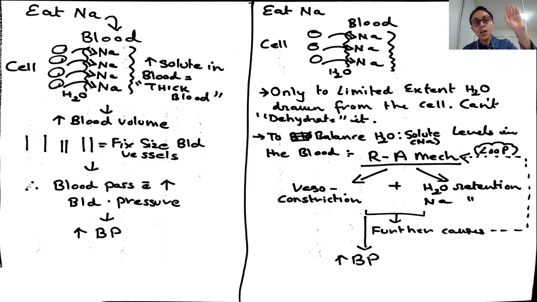Once there is only so much water that you can draw from your cells, then automatically the renin-angiotensin mechanism will start. You would contradict and say, hang on, the renin-angiotensin mechanism starts when there is low blood pressure. There is no issue of low blood pressure over here.